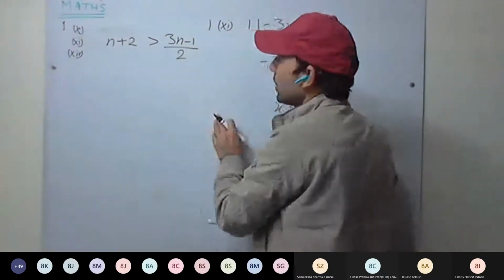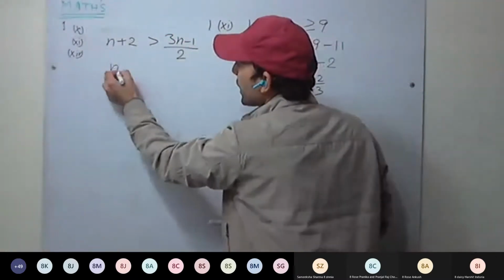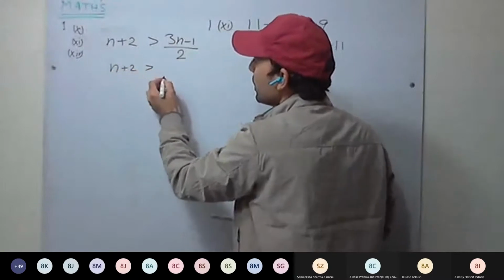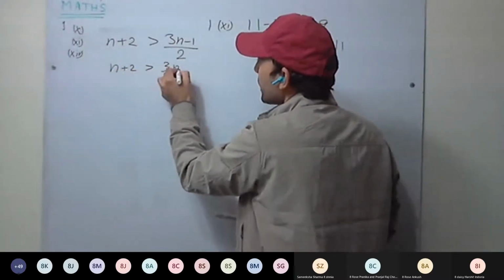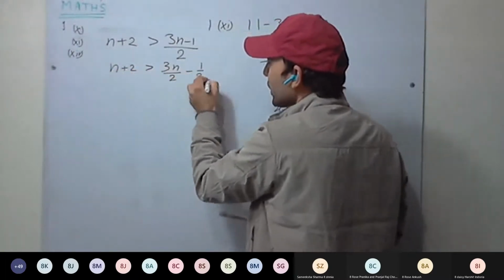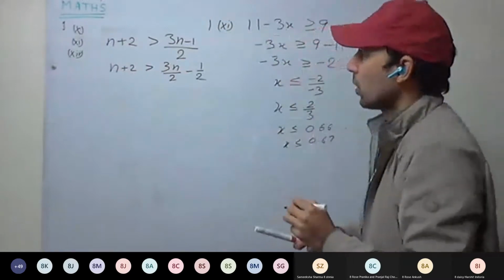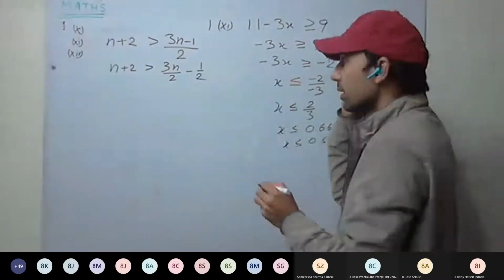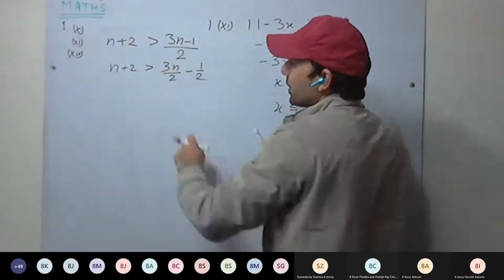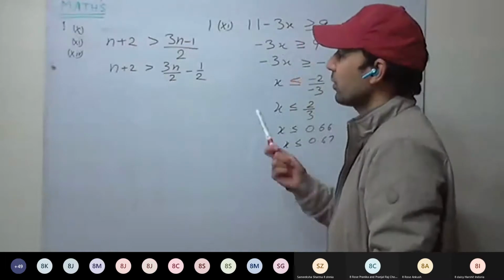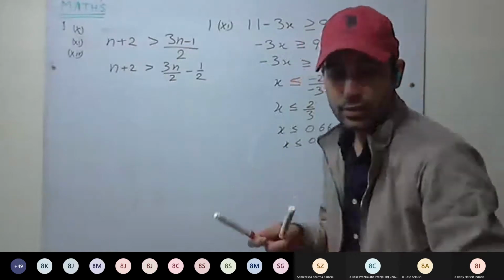Okay, this is there. So we can write it like this: n plus 2 greater than 3n upon 2 minus 1 by 2. Or you can do one thing here. You can take 2 on this side as well. That will be, I think, easier. Okay, we go with that.